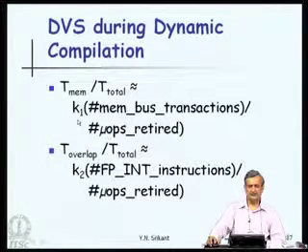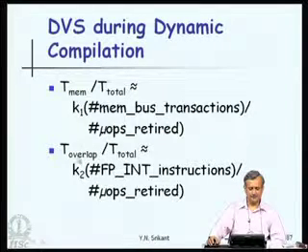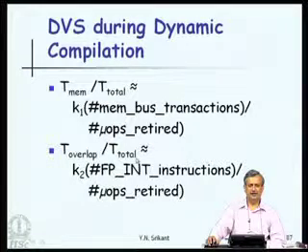K1 is a constant which is set by some experimentation. Similarly, T overlap by T total is proportional to K2 into floating point and integer instructions divided by number of micro operations retired. Again there is a performance counter which gives us this information, and we could compute a quantity which is proportional to T overlap by T total.